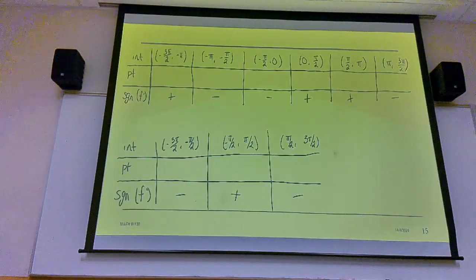Are there points of inflection? Sure. That's true. Where's it change in concavity? What points?